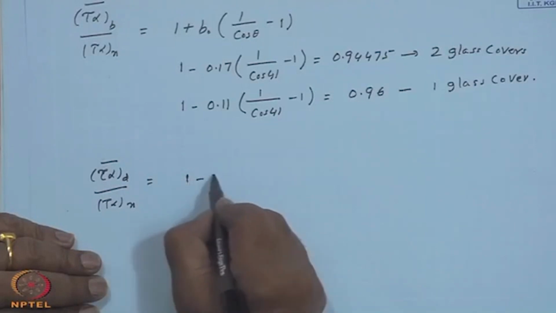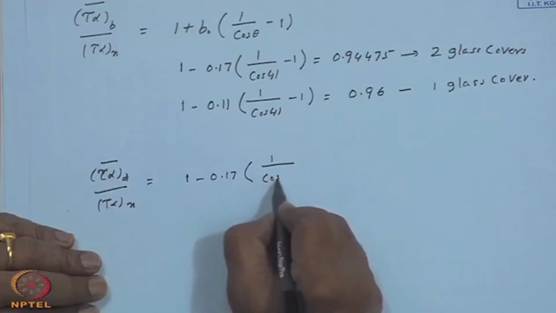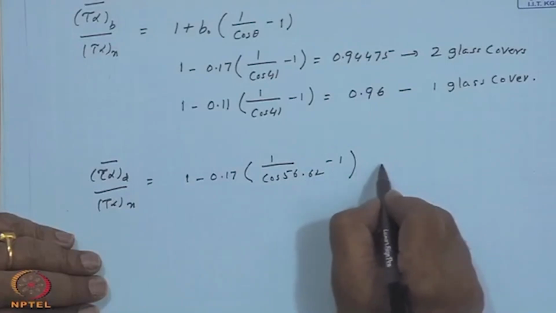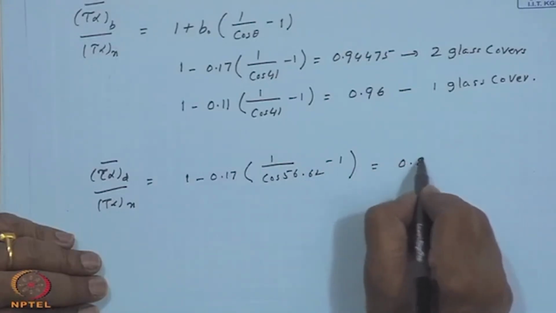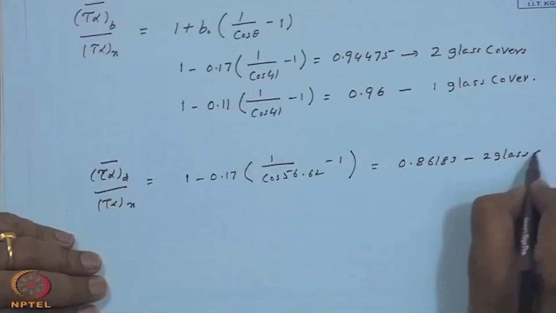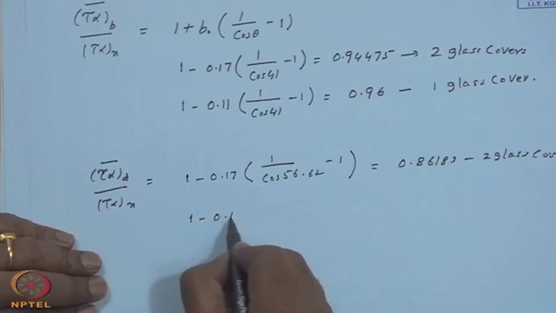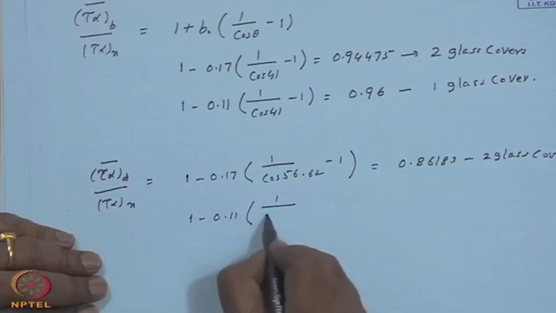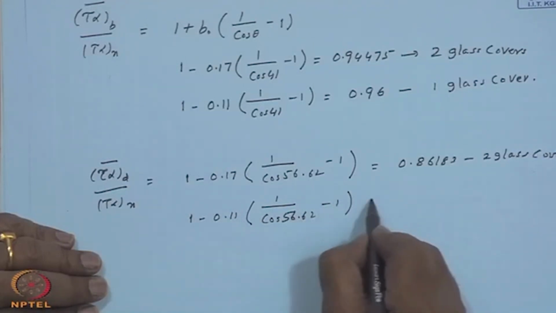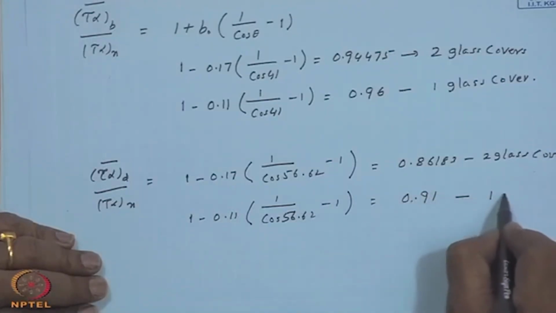So, I will have 1 minus 0.17 into 1 upon cos 56.62 minus 1, which is 0.86183 for 2 glass covers, and this will be 1 minus 0.11 into 1 upon cos 56.62 minus 1, which is about 0.91, again for 1 glass cover.